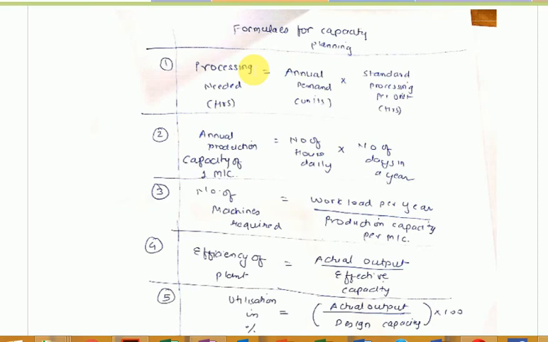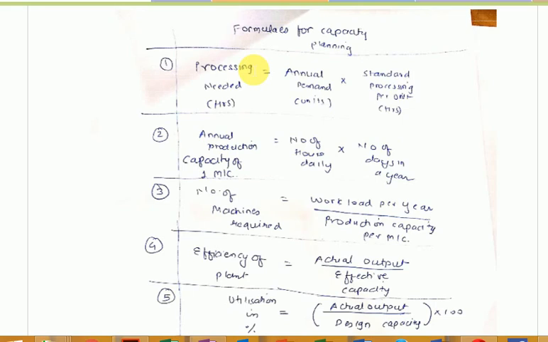If we multiply these two, we can find out the annual production capacity of one machine. This is the simple formula for it.